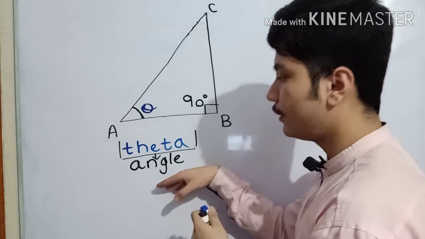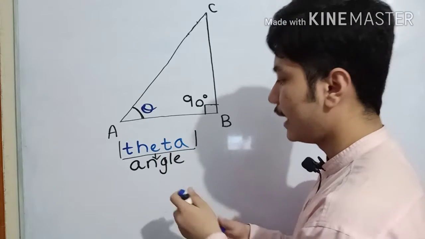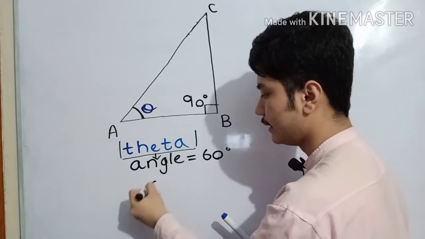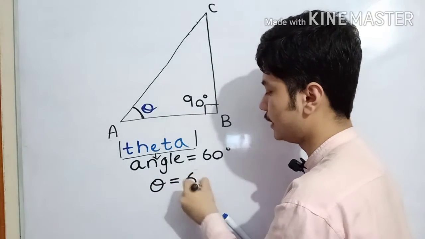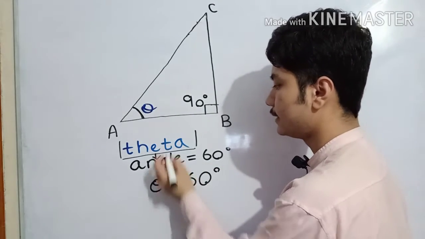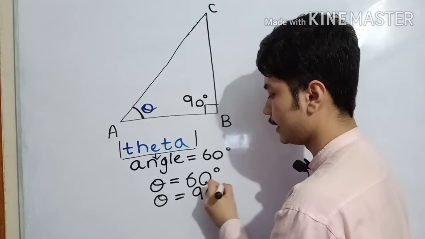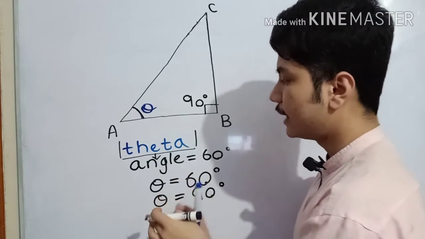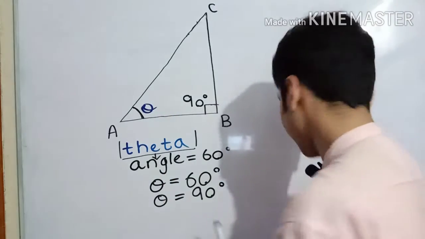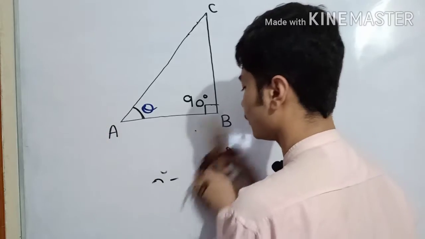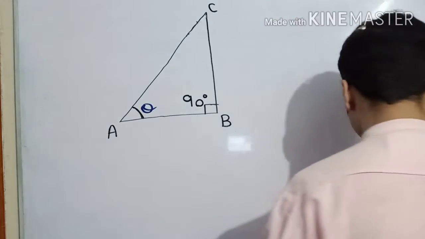So the name of the angle is theta, and when the angle is 60 degrees, we can say that theta equals 60 degrees. When the angle is 90 degrees, we can say that theta is 90 degrees. So theta is basically the name of the angle. This is such an easy and pure concept of theta.